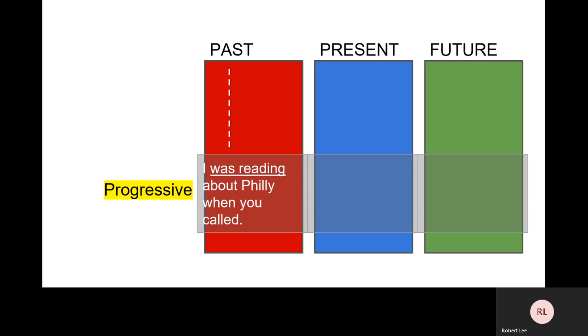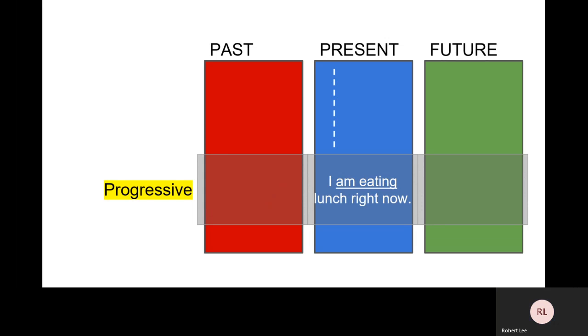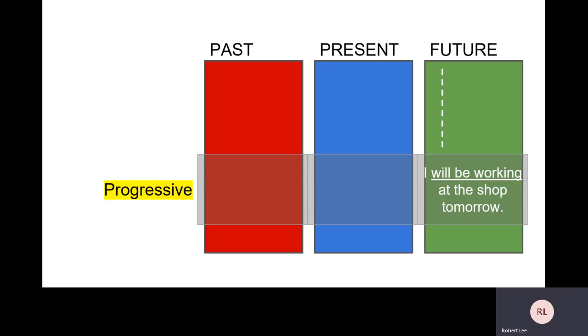So this one, we notice that we'll be using the past tense because there is when you called, which is referring to a period in the past. Obviously, for the present tense, we have the keywords right now. And then for the future tense, the keyword here is tomorrow.